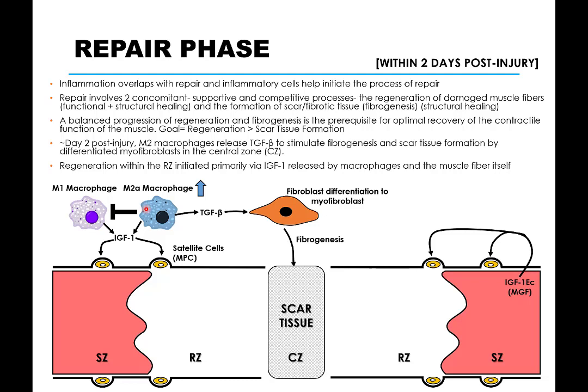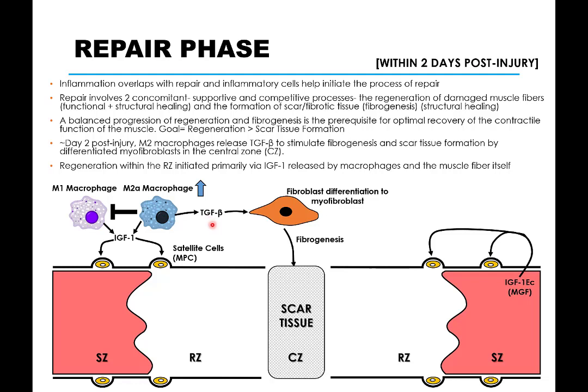Growth factors also stimulate anabolism, which is the opposite of catabolism or degradation. This describes metabolic processes or reactions that result in the construction or synthesis of large molecules, such as muscle proteins and collagen, for example. One of the major growth factors released by M2A macrophages include transforming growth factor beta, or TGF beta for short.